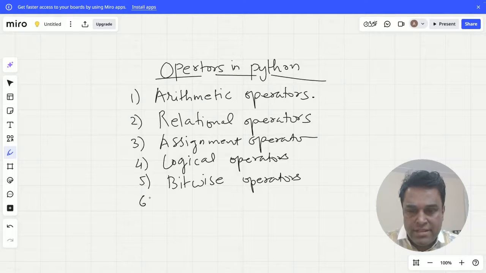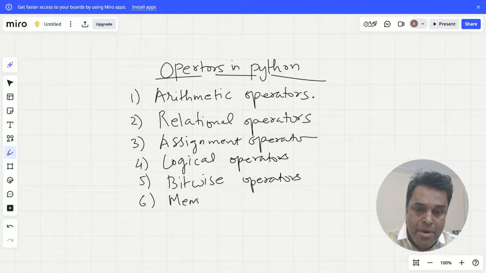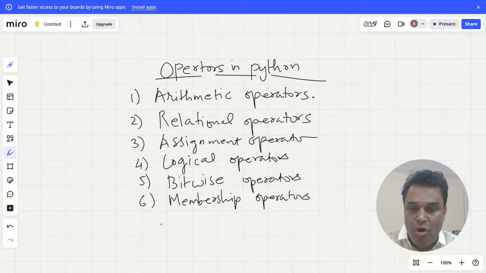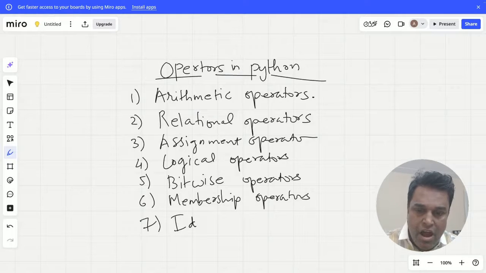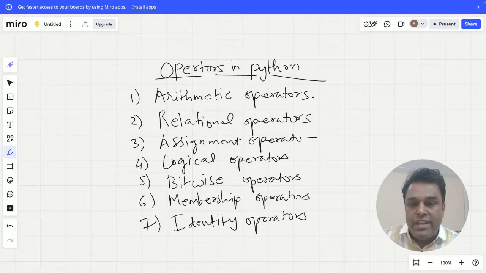And sixth, what we have is the membership operators. And seventh and the last one that we have is the identity operator. So these are the 7 types of operators that Python has.